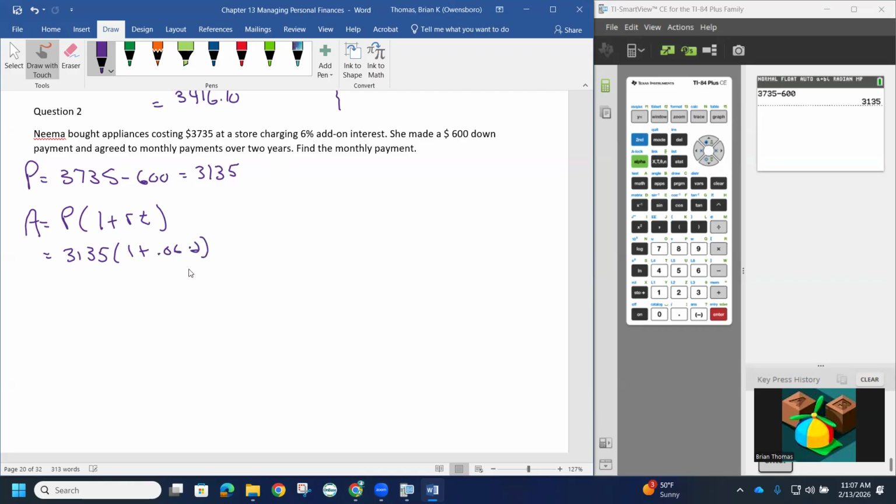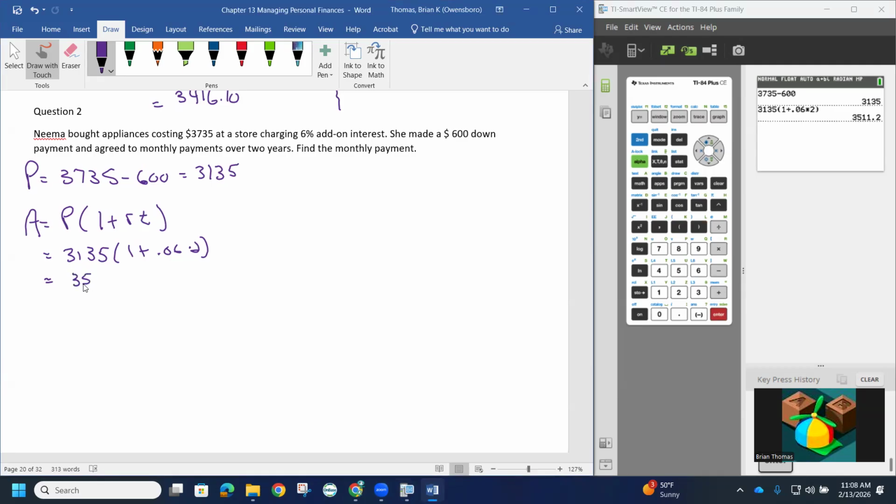If we multiply that by two, this will tell us how much she has to pay back altogether. So 3,135 in parentheses, 1 plus 0.06 times 2 years, that'll tell us how much in total she'll have to pay back. So this includes the interest as well.